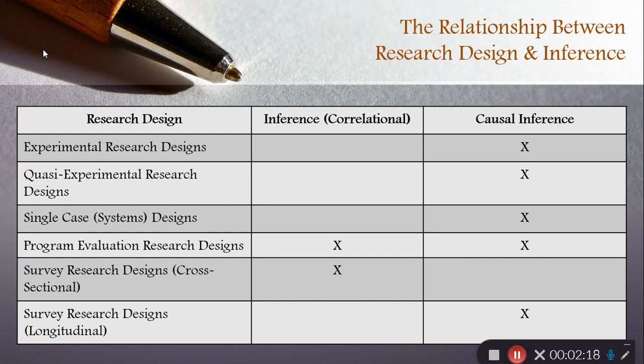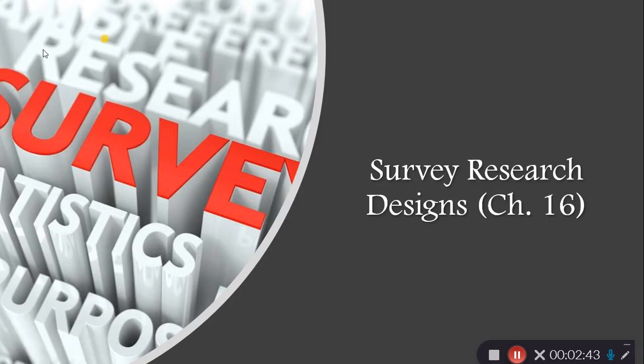However, with survey research designs that are longitudinal in nature, which involve collecting data over an extended period of time, this kind of design allows for drawing causal inferences. So as we think about survey research designs, we really have to ask whether the design is cross-sectional or longitudinal in nature, as this determines the kind of inference that we are able to reasonably draw.